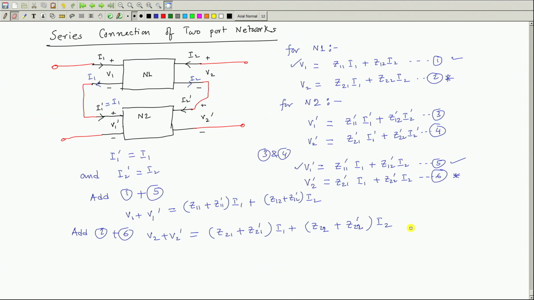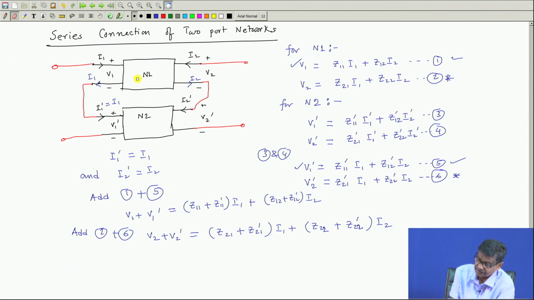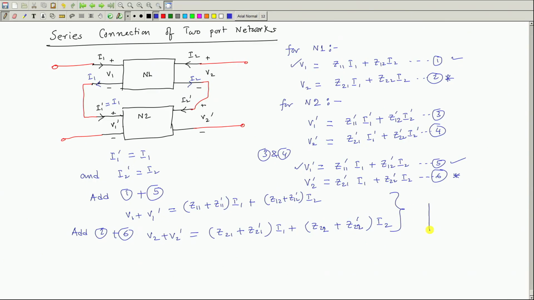Now, this whole network, this two series network, can be thought of as a single two port network. After knowing these two equations, I will say that this is the equivalent two port network. These two are series connected, where these are the input ports, and these two are the output ports of these two series connected networks.